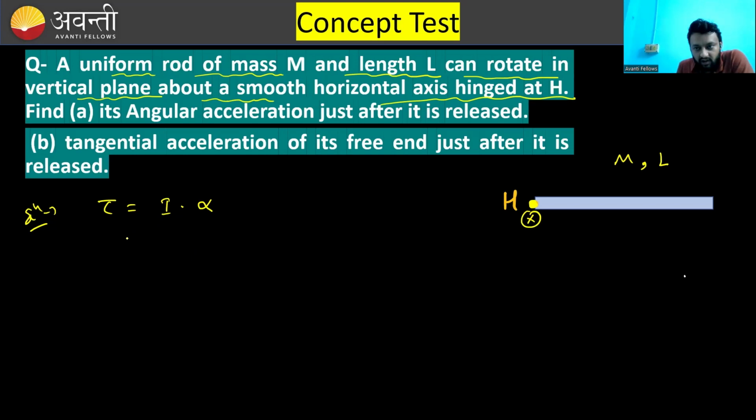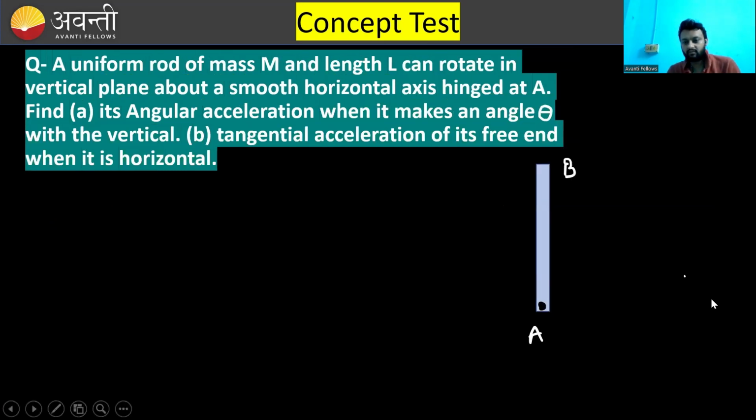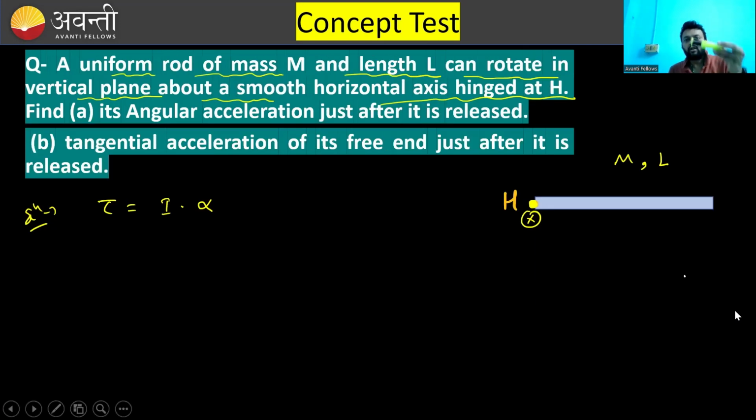Now, first of all, what brings this rod in the downward direction? What brings this rod down when I leave it? You can say, sir, gravity is there, na? So gravity is the only one which is pulling it down. So first of all, we need to identify the gravity. Gravity is acting at the midpoint.